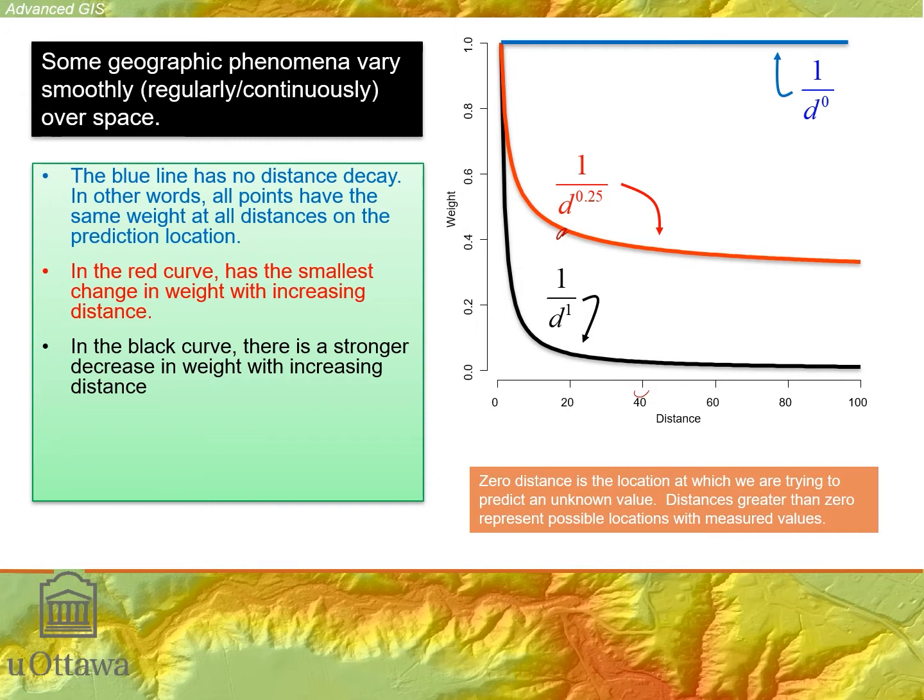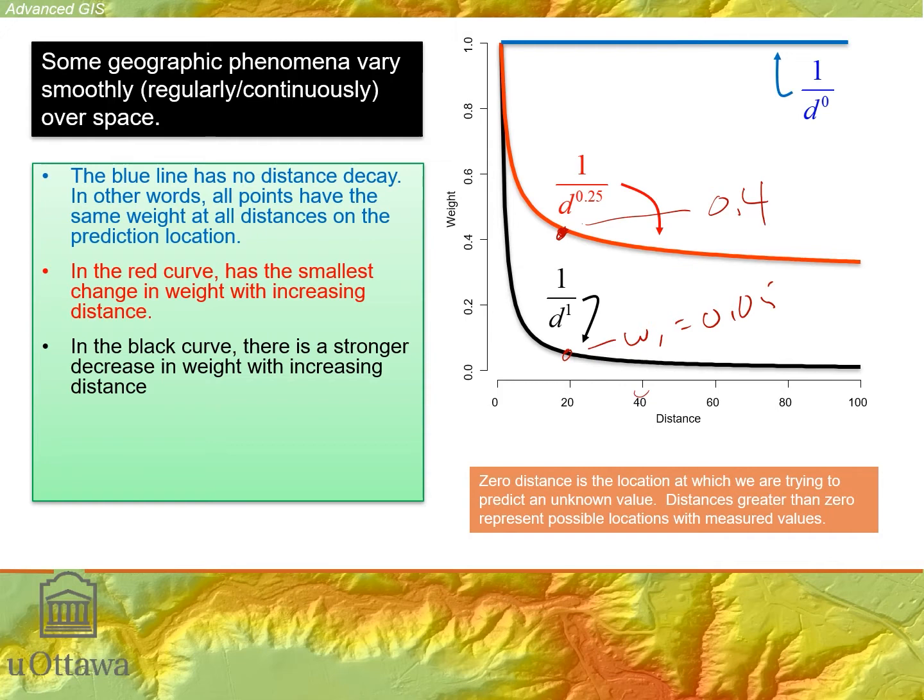And here's a stronger decrease in weight with increasing distance. And you can see that difference again, we know that's already going to be 0.05 right here as a weight. And that's very different from up here when we have 1 over distance to the power of a fourth root, or 0.025, where that's going to be 0.4 approximately for that same.